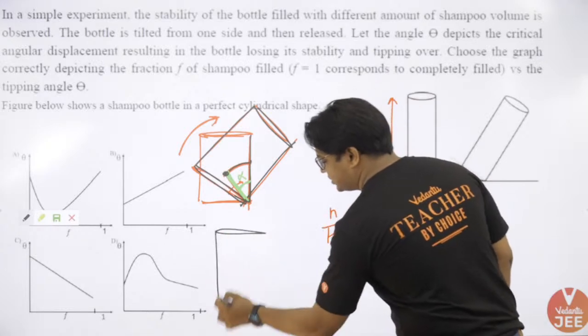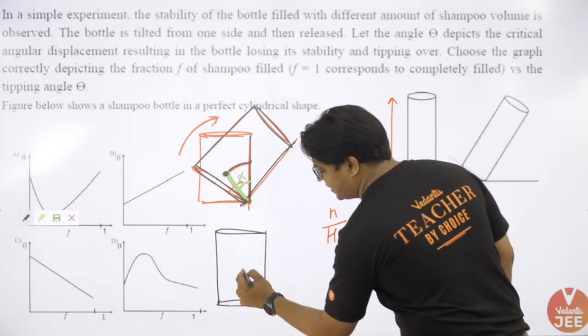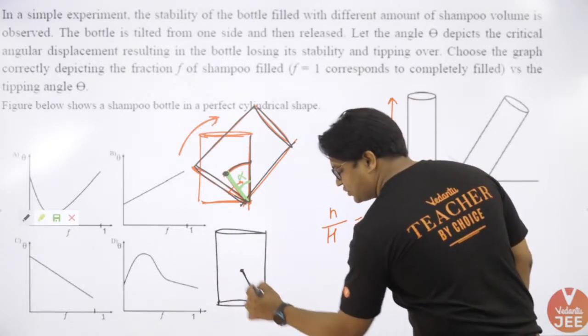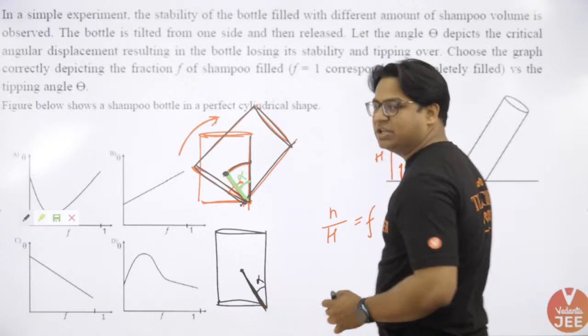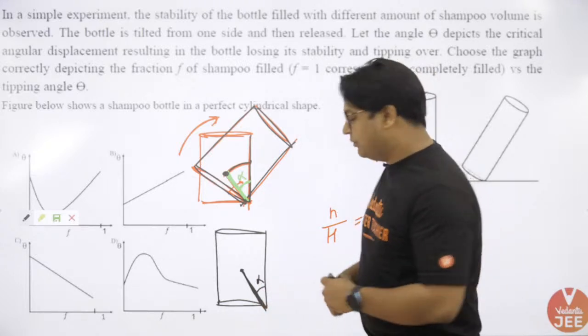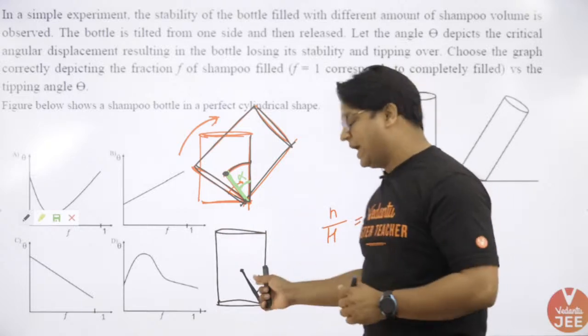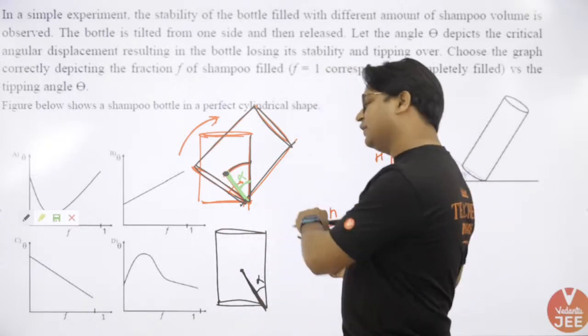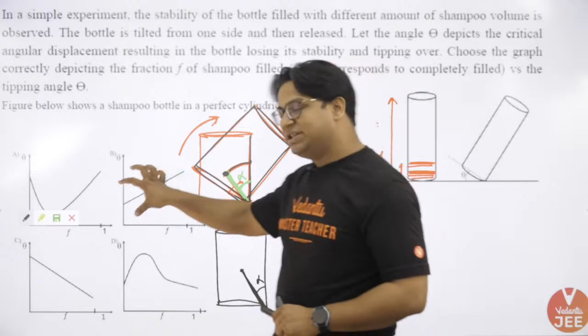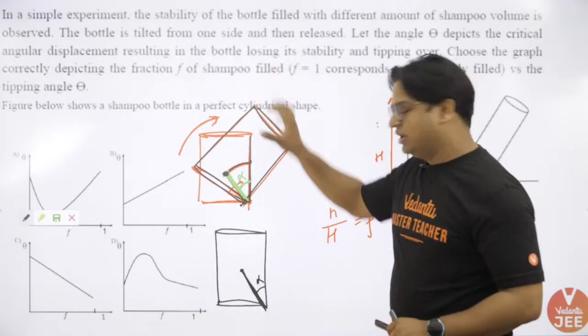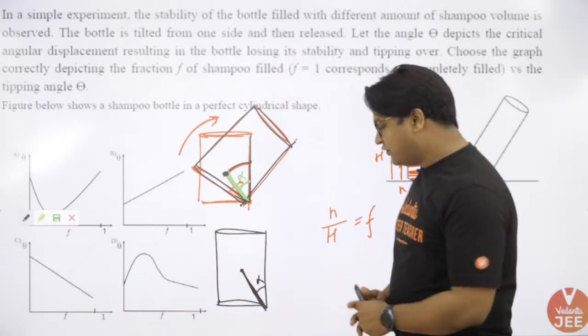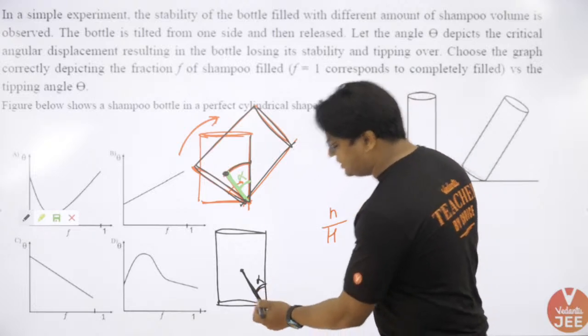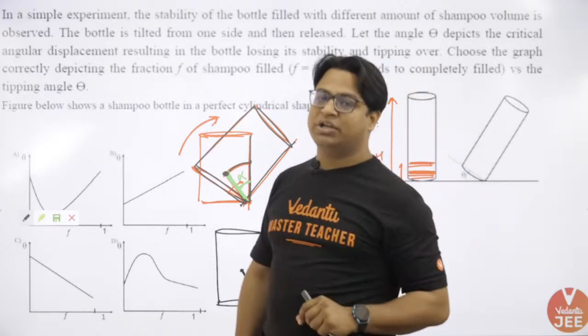I'll make another figure. So the cylinder is this, the center of mass was here. Join this with this corner, this angle, whatever it is, is actually theta, because once you tilt this cylinder by an angle equal to alpha, then it will topple. So what we are calling theta in these graphs or in this question is actually this angle. So we have to figure out how this angle changes as we fill water in the bottle.